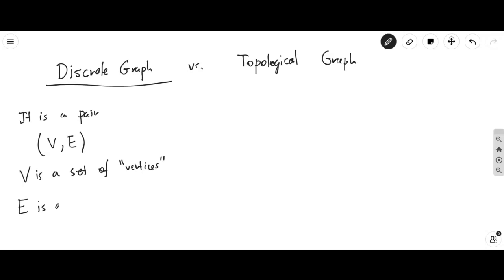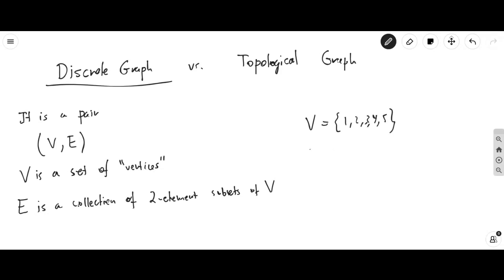So a discrete graph is a pair V comma E, where V is a set of vertices, and E is, you could say a set of sets, but I'll just say a collection of 2-element subsets of V. So for example, let's say V is 1, 2, 3, 4, 5.